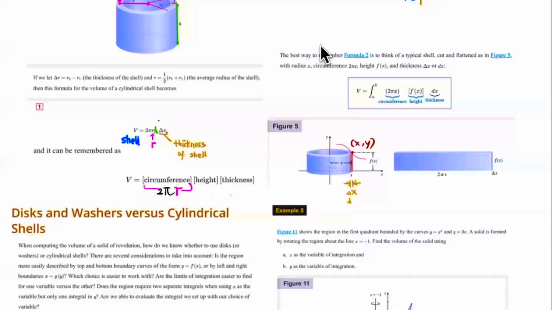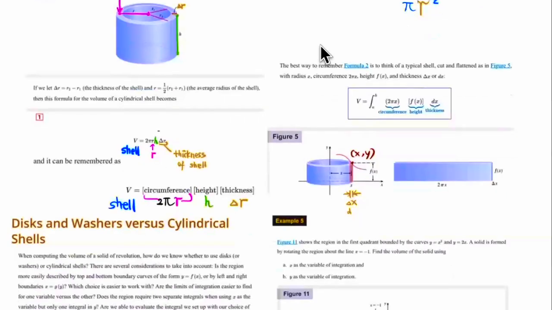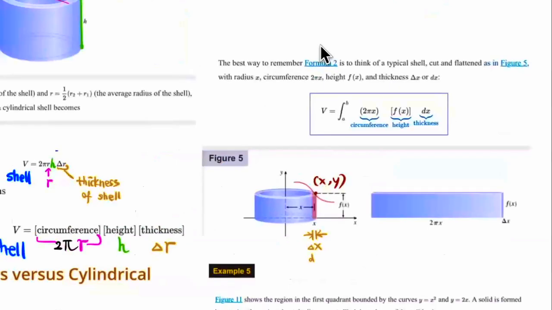And the thickness of the shell is this delta r. So 2 pi r times height times thickness is the value for this one shell. And that's the formula right here.